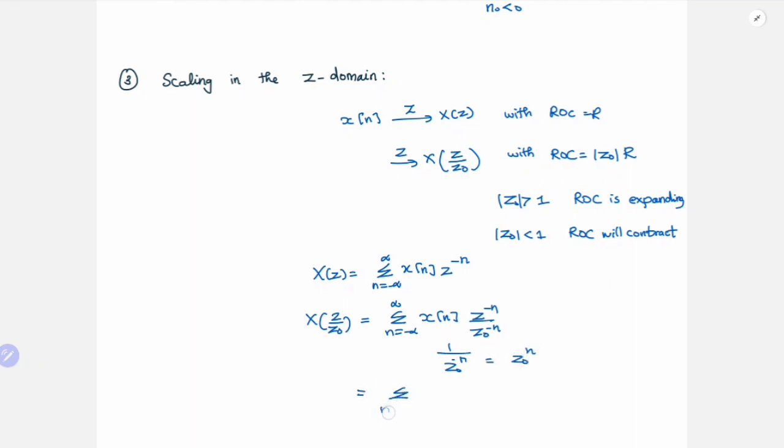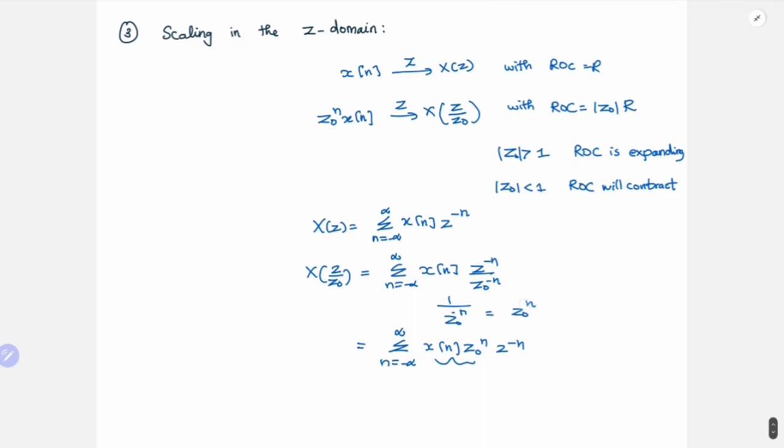So this is nothing but summation n equal to minus infinity to infinity x of n z0 power n z power minus n. So this will be my signal, z0 power n x of n. So this will give a Z transform that is either expanded or contracted in the Z plane. So this is our third property, scaling in the Z domain.